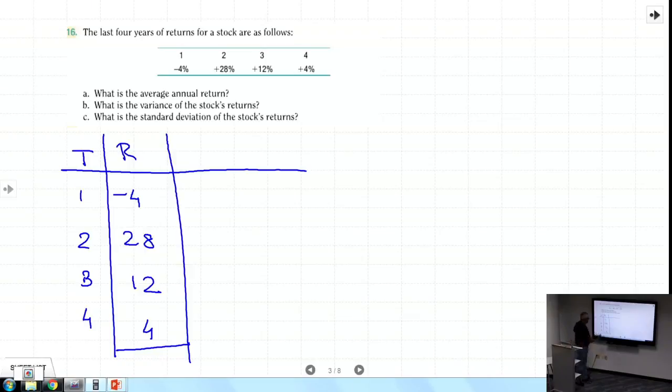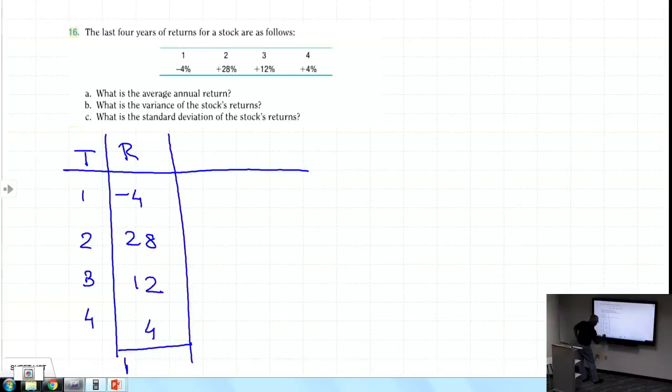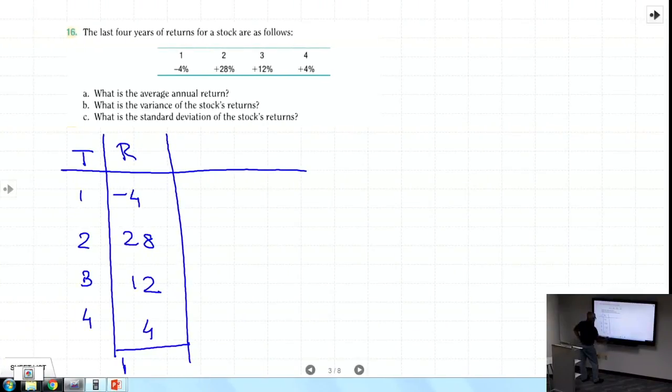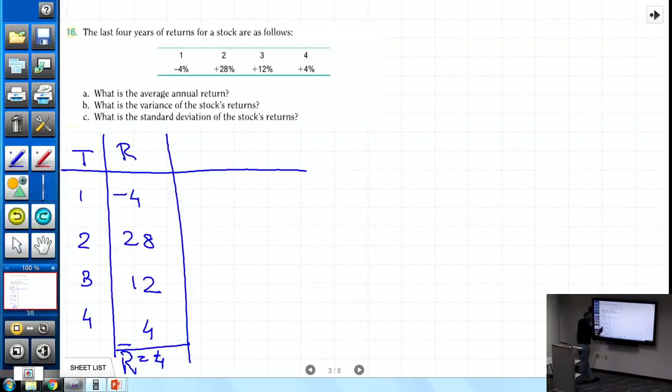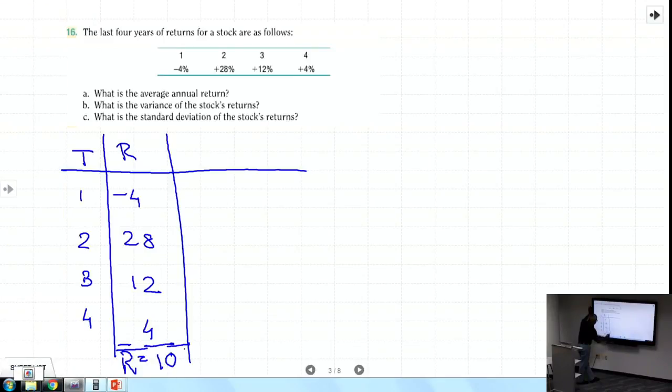And average return would simply be, I add this up, so -4 plus 28, that's 24, 24 plus 12 is 36, 36 plus 4 is 40, so 40 divided by 4, that's going to be 10%.